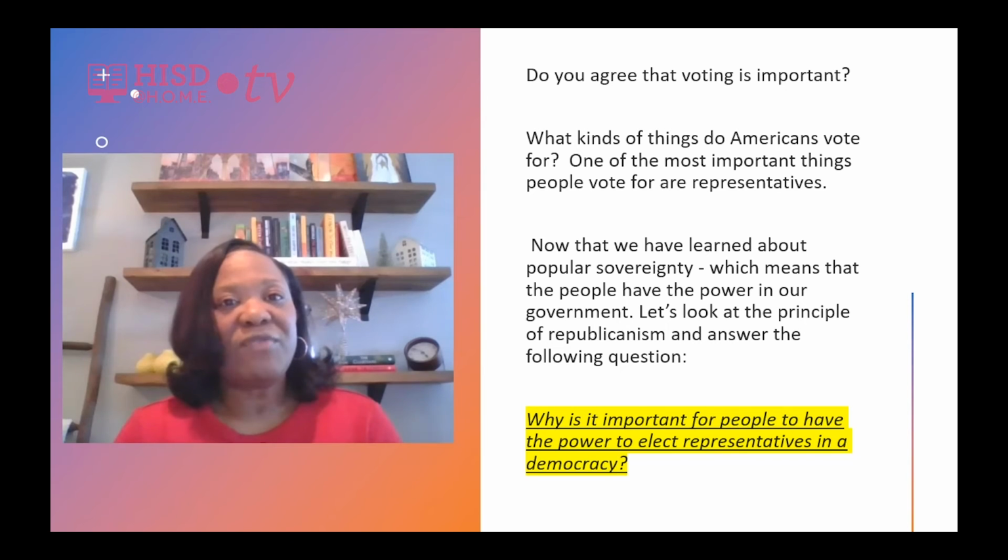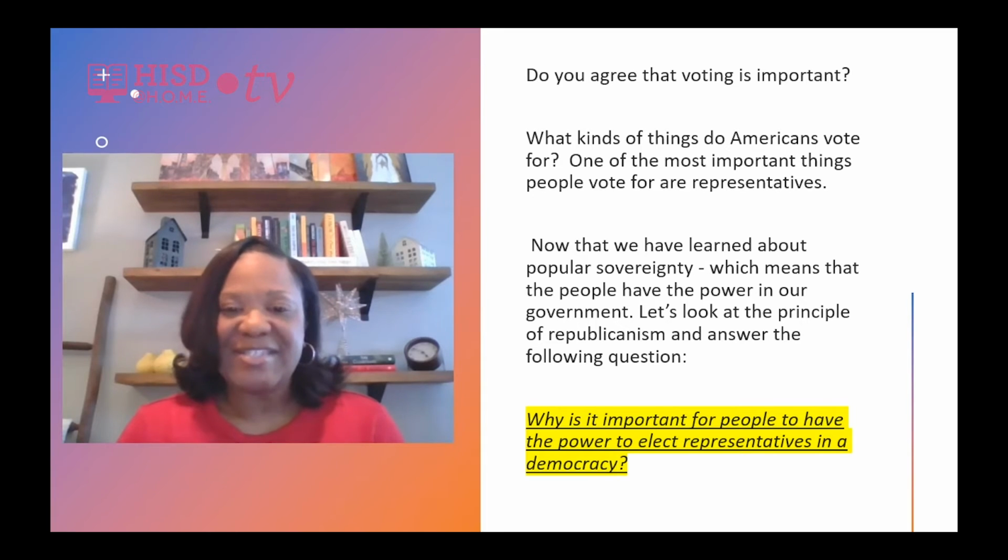Now that we've learned a little bit about popular sovereignty, which means that the people have the power in our government, let's look at the principles of republicanism and answer the following question. Why is it important for people to have the power to elect representatives in a democracy?